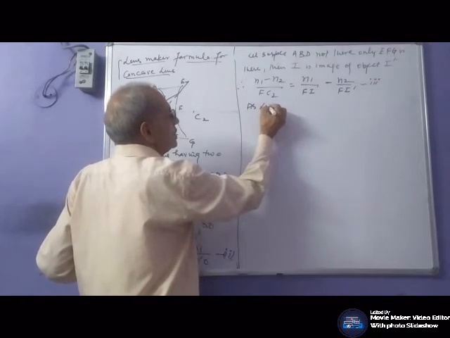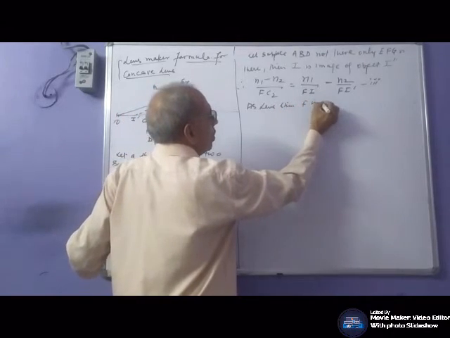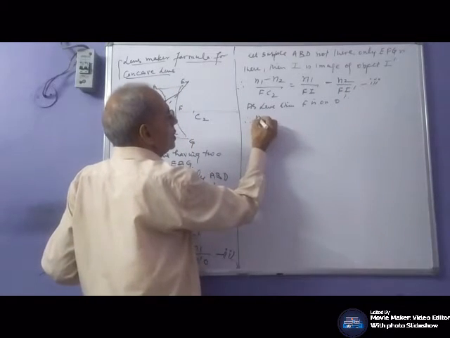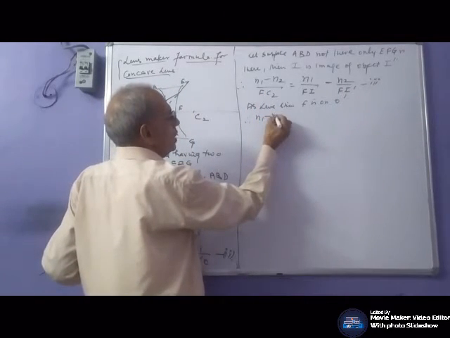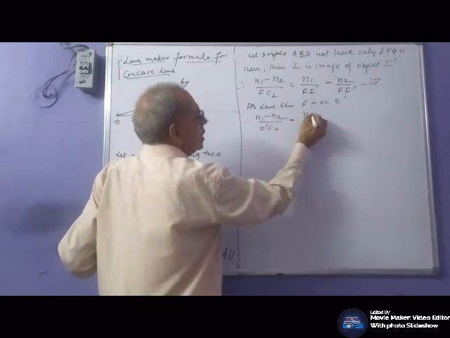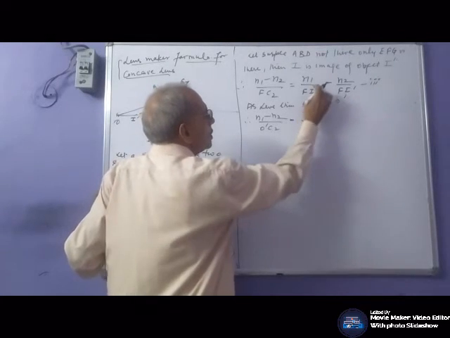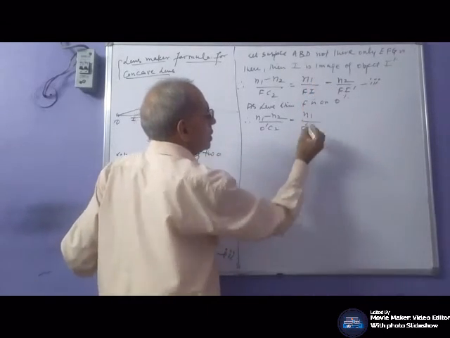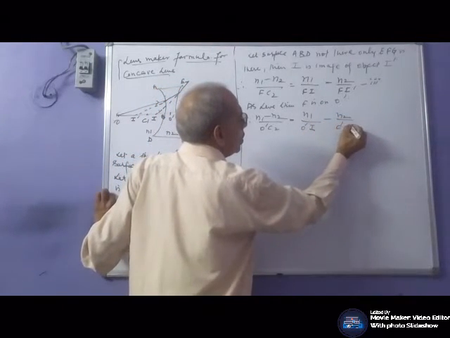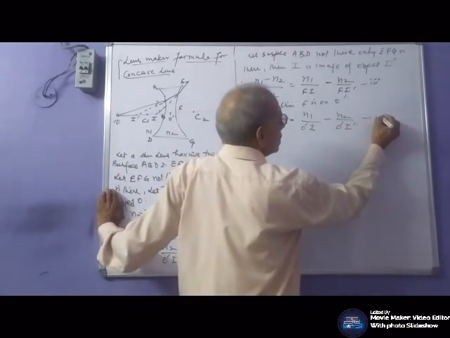As the lens is thin, F is on O dash. Therefore, this equation becomes N1 minus N2 by O dash C2 equals N1 by O dash I minus N2 by O dash I dash, fourth.